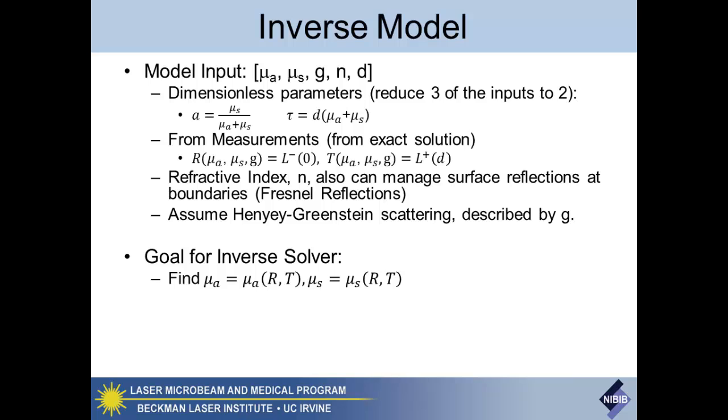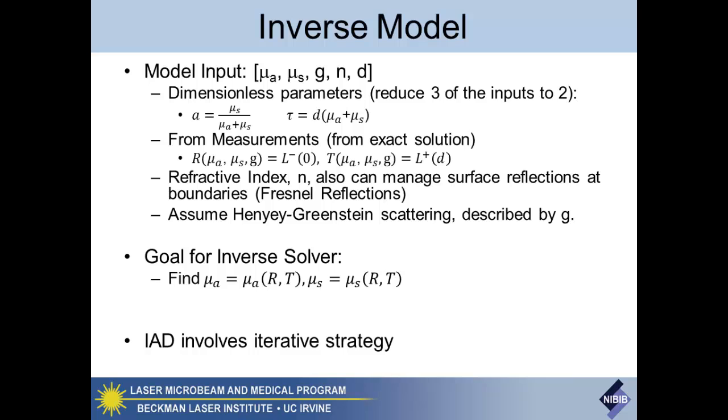Your G is typically assumed to be Henyey-Greenstein. And now our inverse model is to find absorption and scattering as a function of reflectance and transmittance, where the forward model would describe reflectance and transmittance in terms of absorption and scattering.